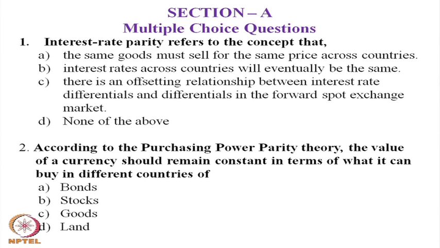So, purchasing power parity tries to equalize the prices of goods. Whenever there is a differential in price, the country having higher price of goods and services, its exchange rate will be depreciating. So, here the answer is C: in case of purchasing power parity theory, goods prices should equalize across countries.